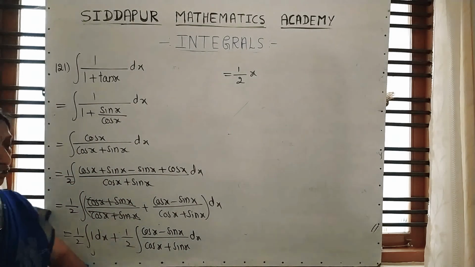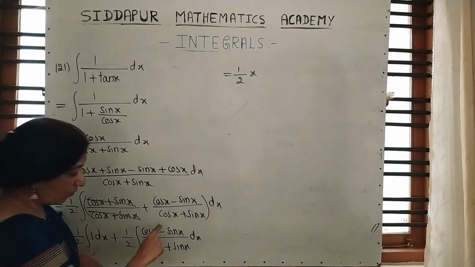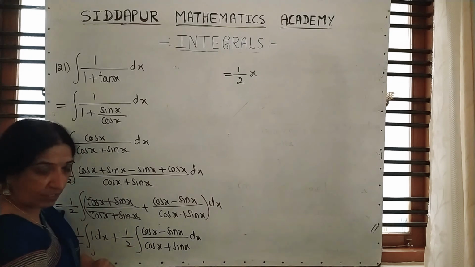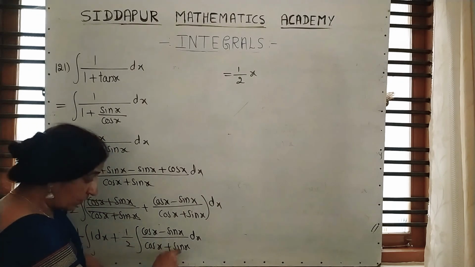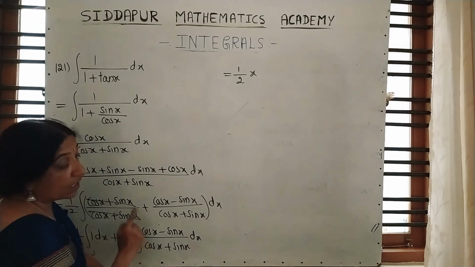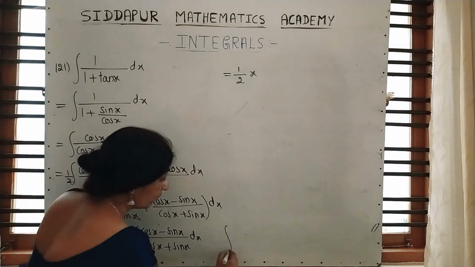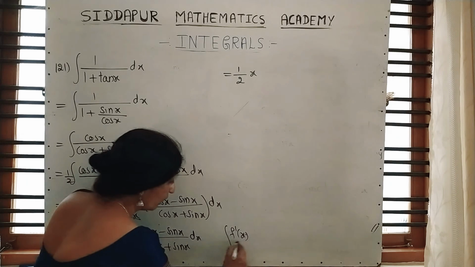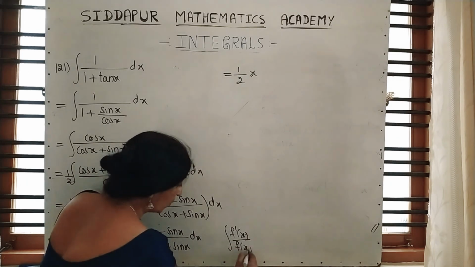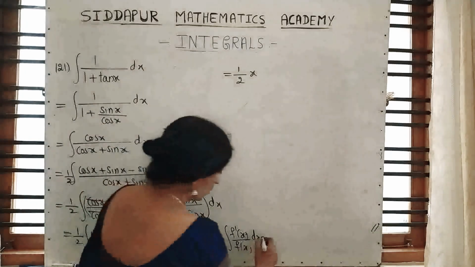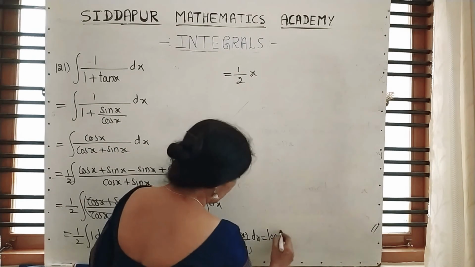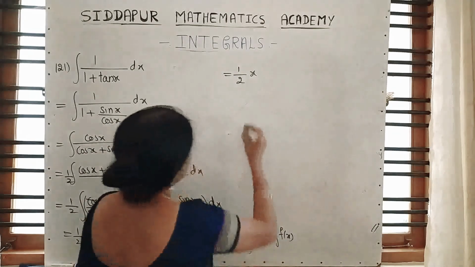See, it is a fraction. Check whether it is in the form of f dash of x upon f of x. Differentiation of cos x is minus sin x. Differentiation of sin x is cos x. Yes, it is in the form of f dash of x upon f of x. That means the differentiation of the denominator gives the numerator. At that time it is log of the denominator.